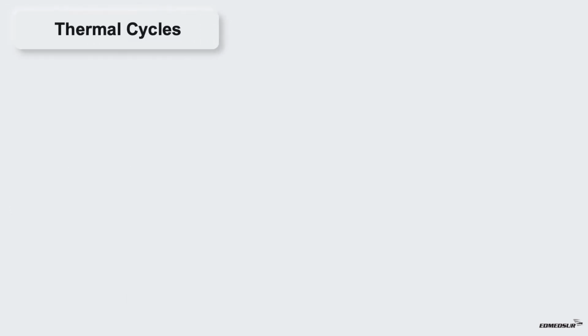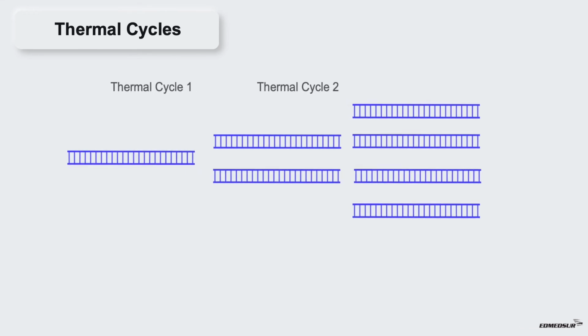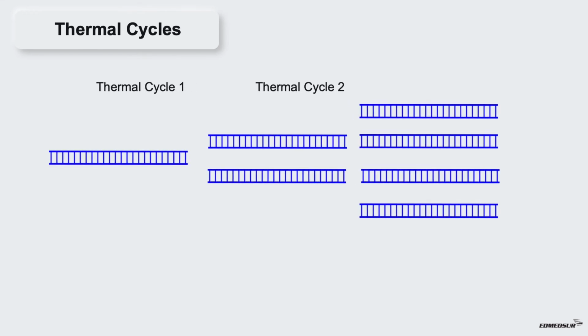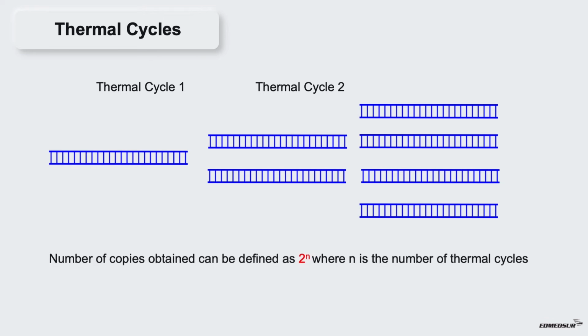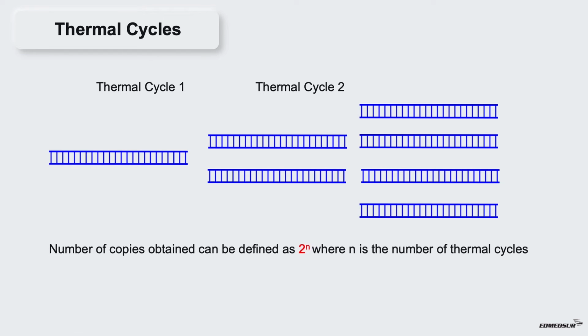Thermal cycles. We can have as many thermal cycles as we wish. After each thermal cycle, the number of DNA sequences of interest doubles. Therefore, the number of copies obtained can be defined as 2 to the power n, where n is the number of thermal cycles.